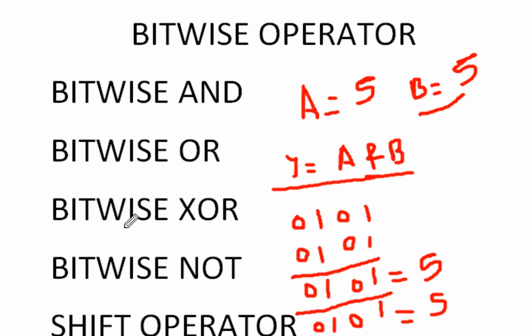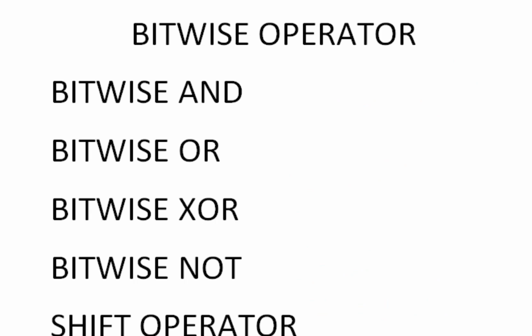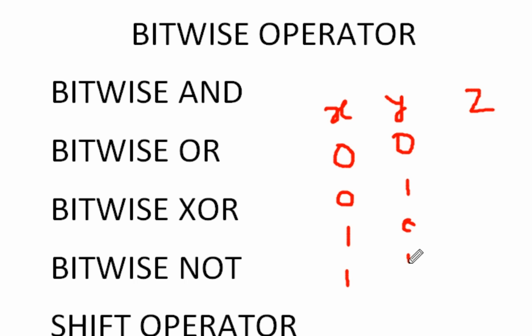Now we will see the bitwise XOR operator. Suppose we have x and y as inputs and z as output. It is the same as we have studied in digital logic, and we will study it further in electronics. Suppose we have two inputs with combinations 0 0, 0 1, 1 0 and 1 1.